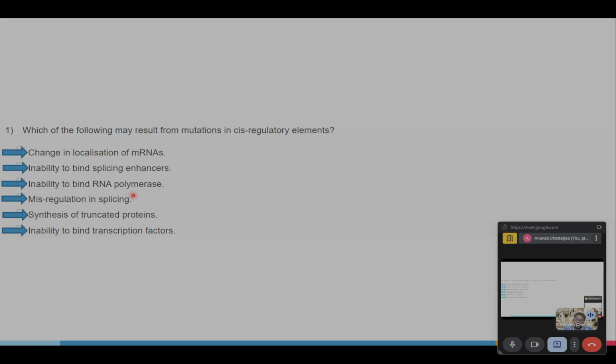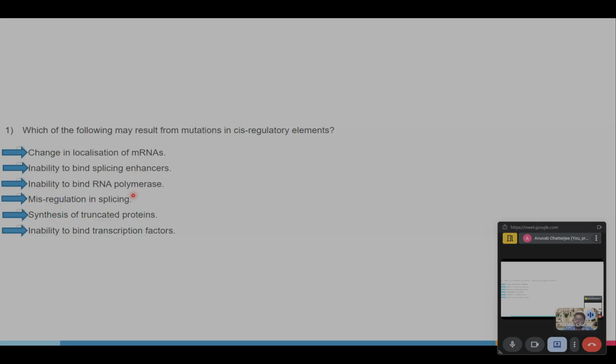Inability to bind RNA polymerase. So if the transcription factor B binding site, which is the B sequence, is mutated, then TF2B will not bind and it will not bring RNA polymerase with it to bind. And this also is changed in the DNA sequence.